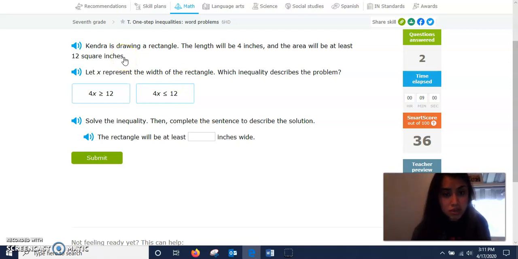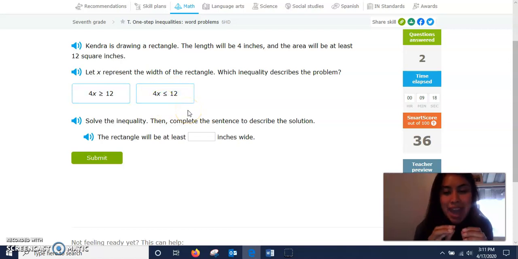So again, going back to the problem, as you are reading it, think to yourself. It says the length will be 4 inches, and the area will be at least 12.